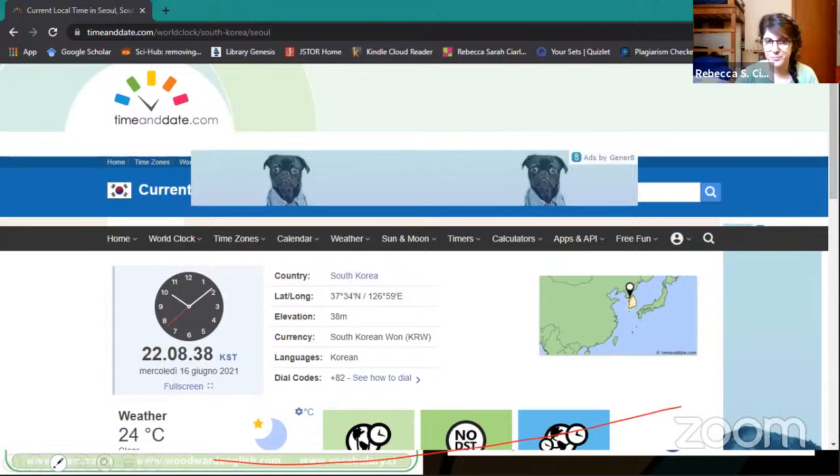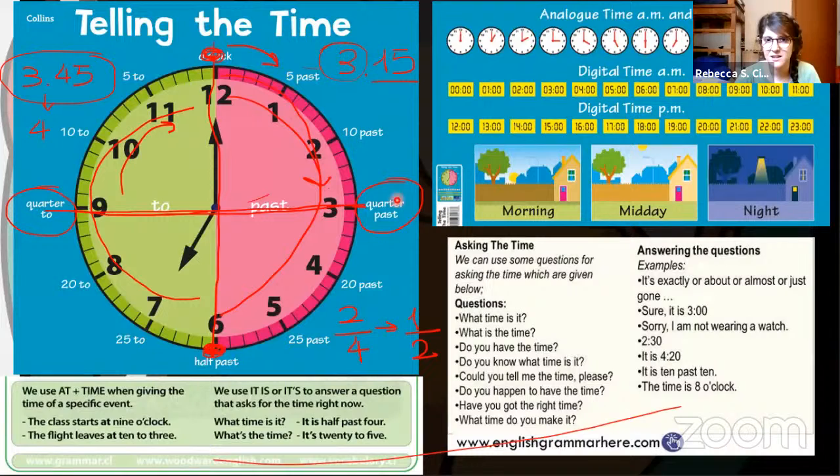So maybe here you can see it. 5, 10, 15, 20, 25. This is 30. And this is 35, but it's 25 to the next one, etc. So just imagine the time to change.